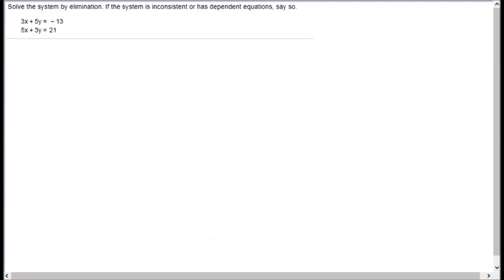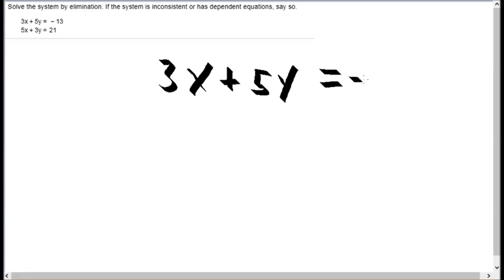When I pull up another one here, it says, again, solve by elimination. And in this case, if you take a look at the two equations, we don't have anything that matches for a single number. So we're actually going to multiply both sides of this equation by a particular number. I'm thinking we'll take the first equation here, 3x plus 5y is equal to minus 13.